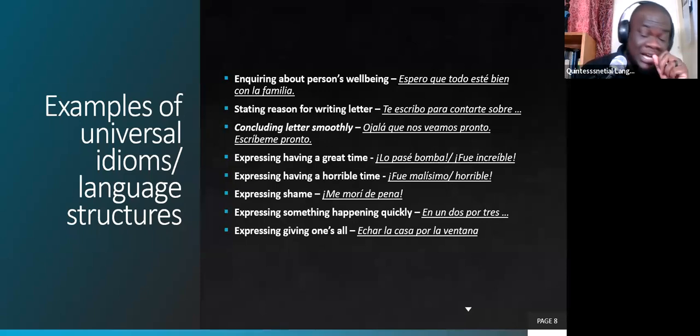Two, and very importantly, CXC is not looking for and they do not require one of the students to be at the level of a native speaker. They don't require native level competency from you all.